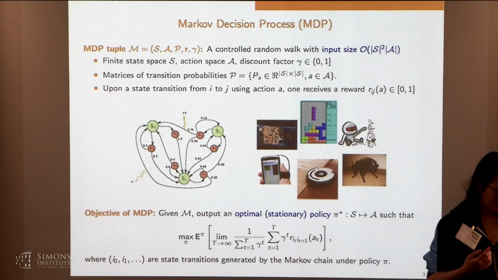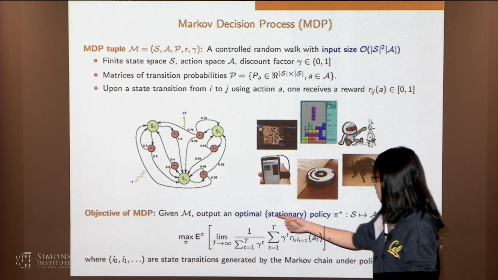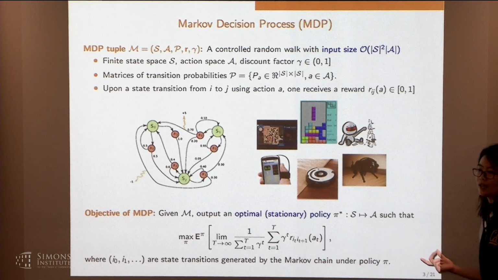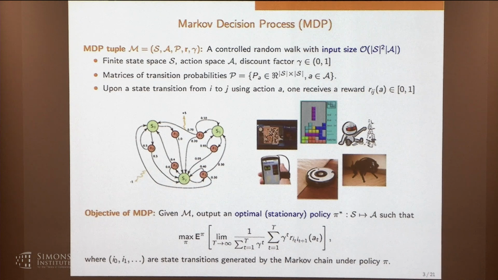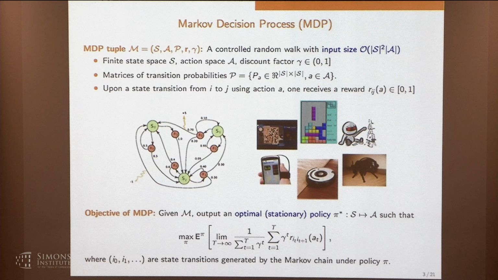That would correspond to the case in which I actually want to control this process forever, and I want to make sure that the average score I get per each transition is maximized. So essentially, if we take gamma equal to 1, then this objective converges to the objective of undiscounted average reward MDP. But sometimes to make life easier, we just take a discount factor gamma to be strictly smaller than 1 to get contraction. Okay, so this is the MDP problem.